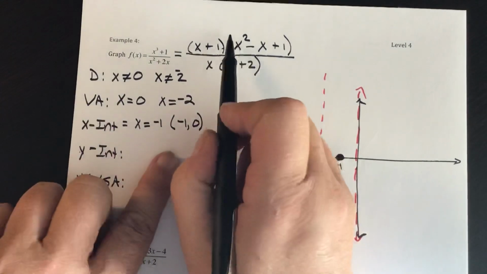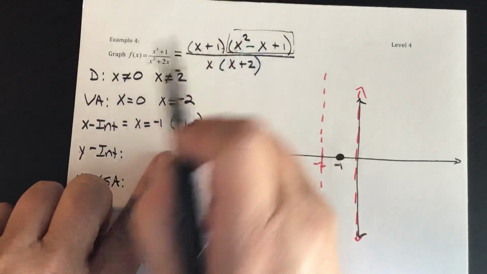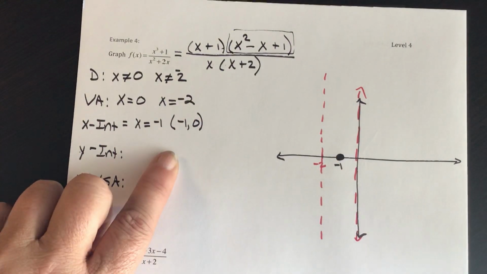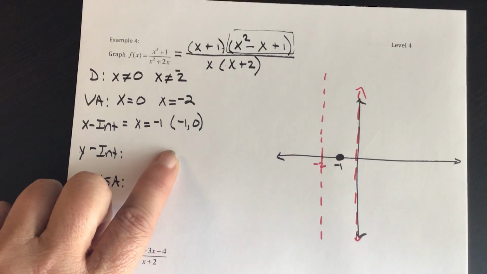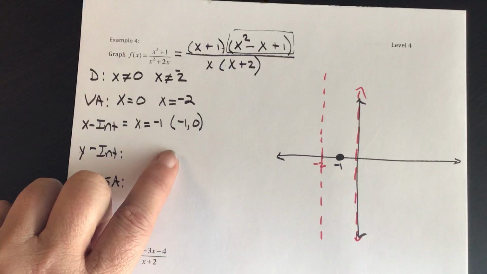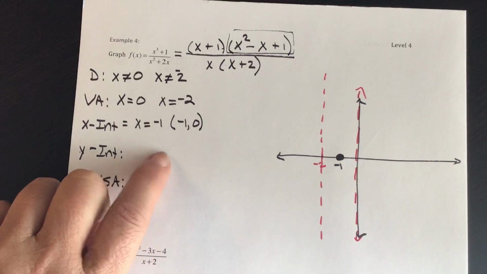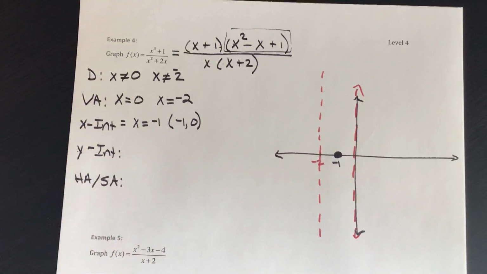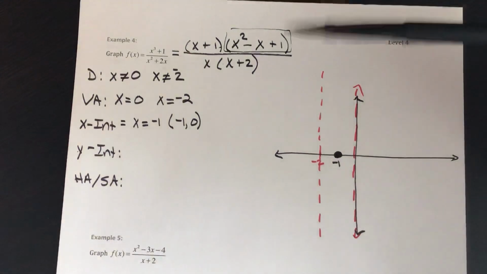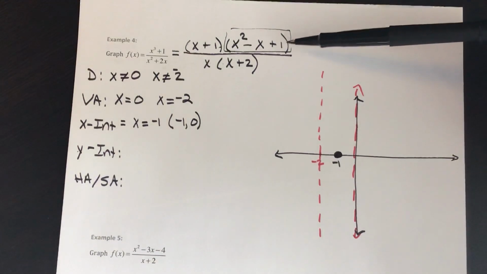And this right here is not factorable. So if I were to solve for x using the quadratic formula, I'm going to get an imaginary number, and that's not part of our domain, which is all real numbers, so I'm not going to get any x-intercepts out of this.